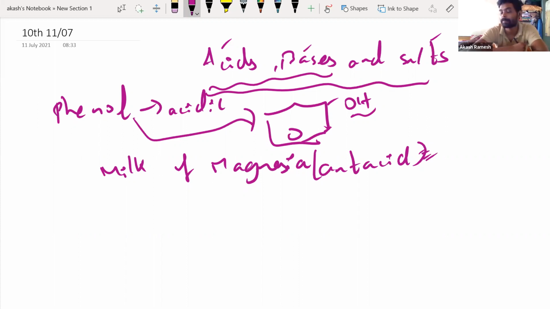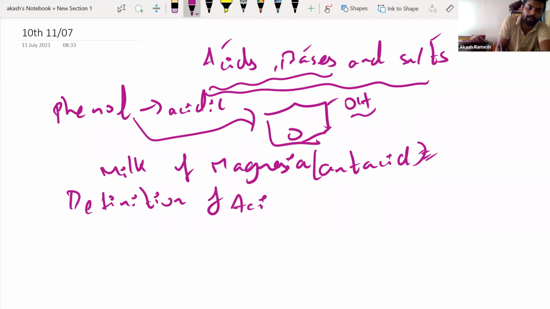Okay, so these are all the real-time applications of these acids, bases, and salts. Right? Okay, so we'll move on to see what is the definition of acids and bases. Salts we'll see later.